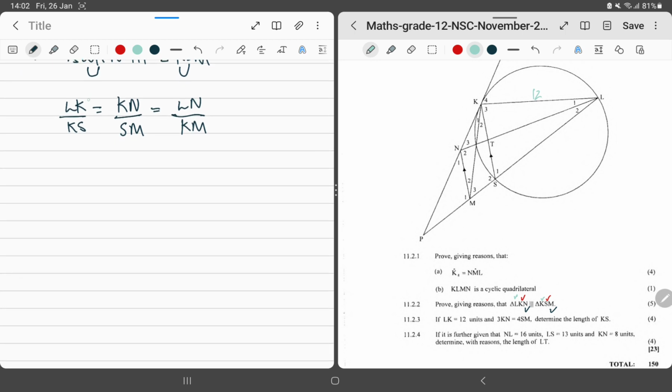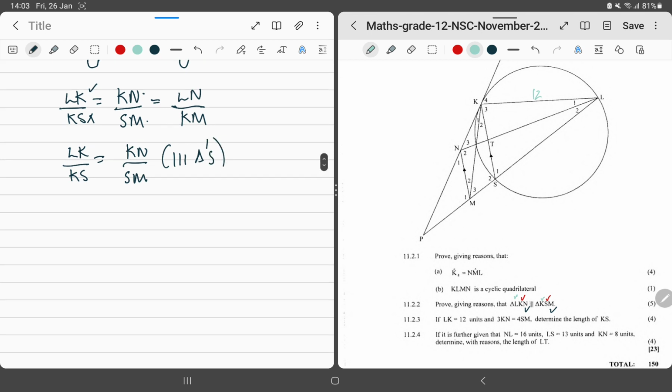Now I do have LK and KN over SM. So I do have these two, and I'm looking for KS. LK over KS is equal to KN over SM, and this is because of similar triangles.